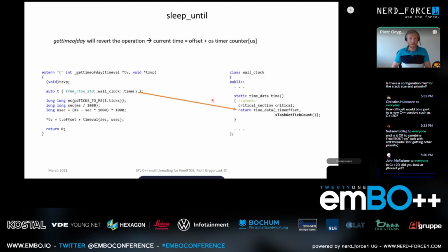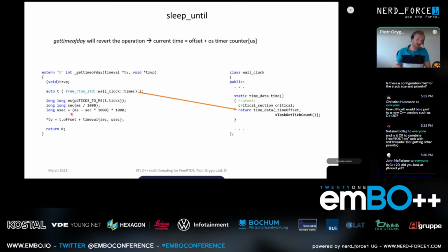Then gettimeofday is the reverse operation. It gets the time offset, which was calculated in set time, plus the current ticks. It's done separately in a critical section, to make sure it's not getting interrupted. The operation here is converting ticks to milliseconds and adding.